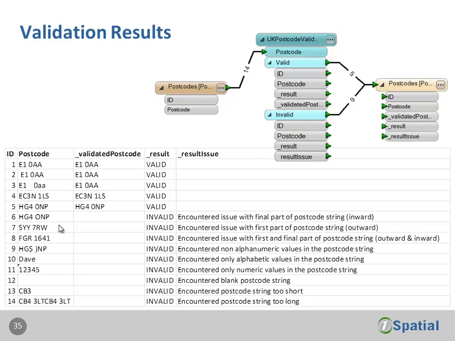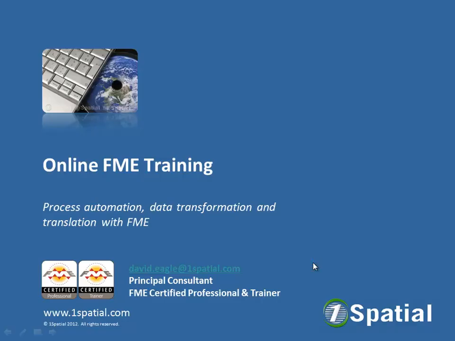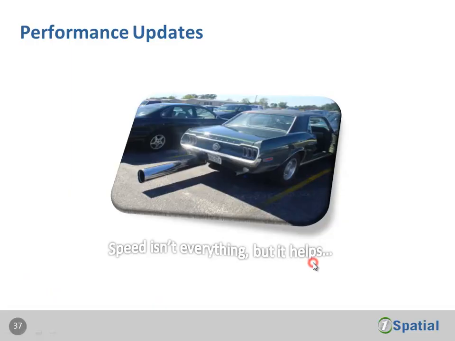So there's a problem with the SYY part of the postcode, because the second Y there is supposed to be a number. Obviously, if you have a postcode that has the word Dave in it, well, that's probably a problem, and there are only alphabetic values in that postcode string. So it's a useful transformer to have a play with and get access to through the FME Store.